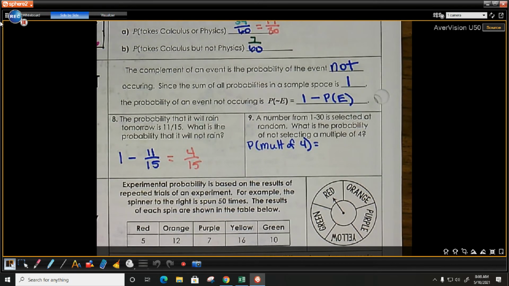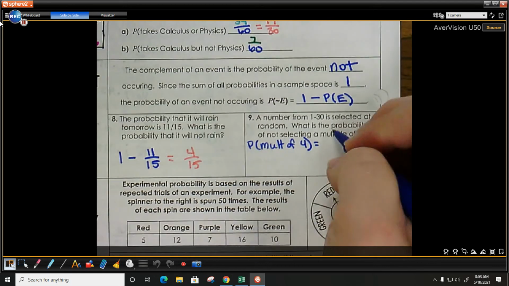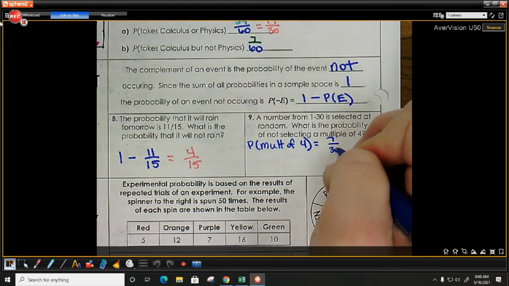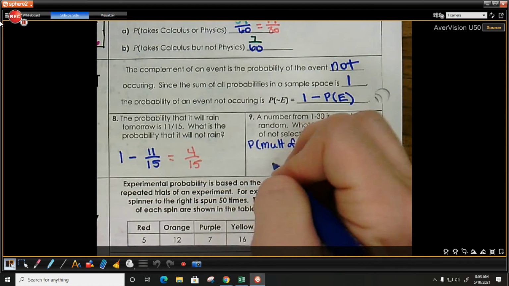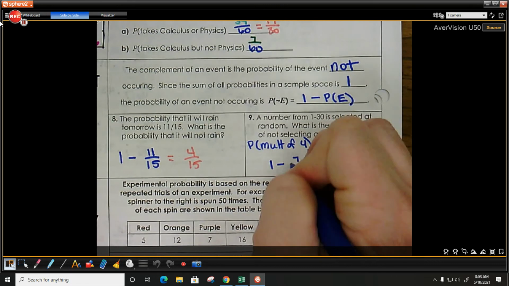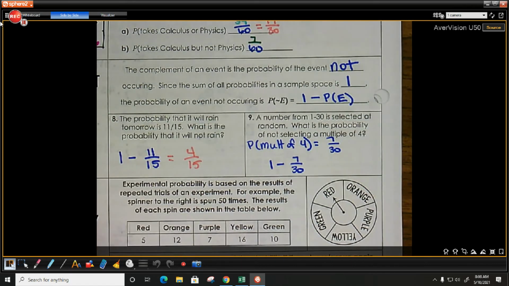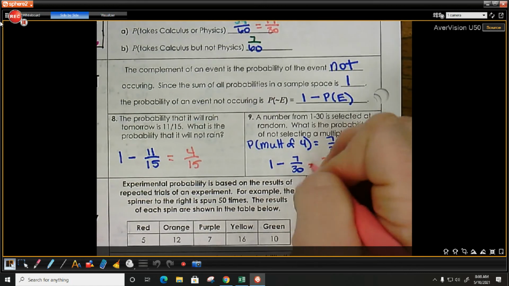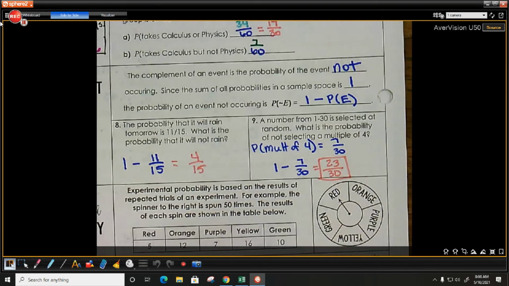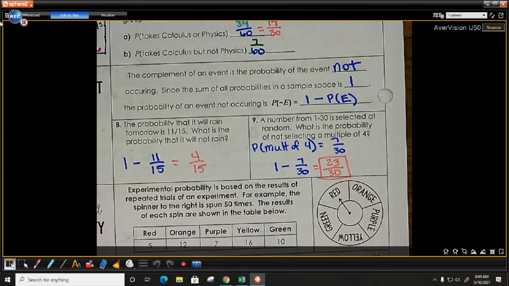So 7 out of 30. So to find the probability of not selecting a multiple, I would do 1 minus 7 over 30, which is 23 over 30. Okay? Good?